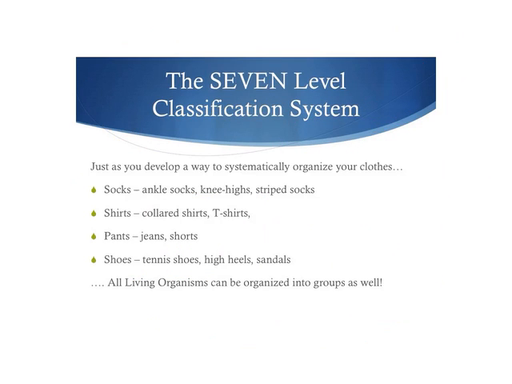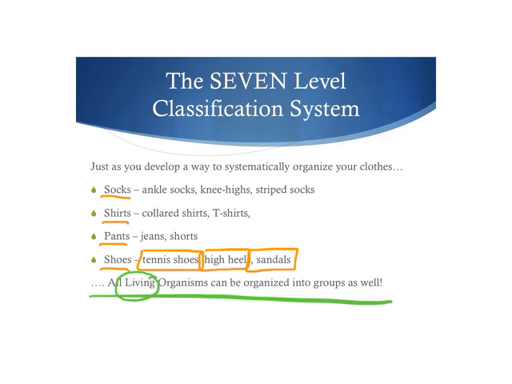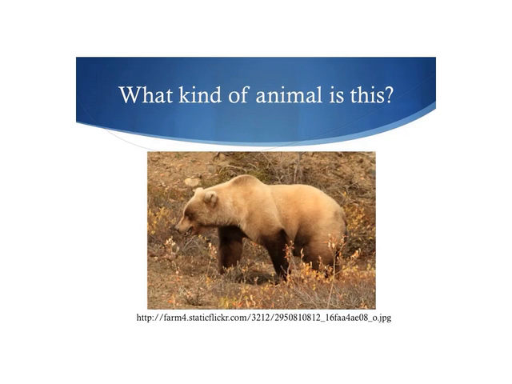So just as you develop a way to systematically organize your clothes into socks and separate those from shirts and all your pants and shoes and even divide those up into smaller categories of shoes and even smaller and smaller, more specific categories, well, you can do the same thing to all living organisms on the planet. So let's jump into, let's say, bears, for instance. I'm trying to figure out what type of bear this is, and in order to figure out the species, well, let's take a look at all the animals first, and then divide those up into smaller and smaller categories.